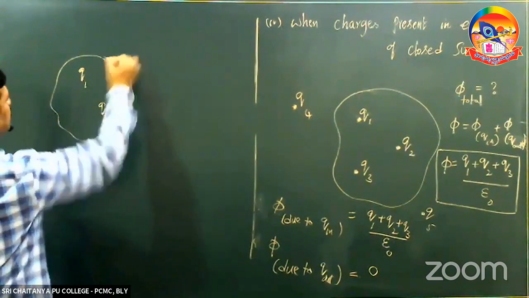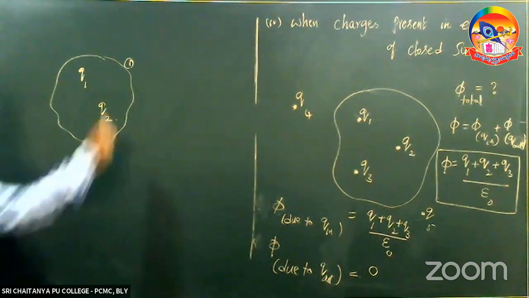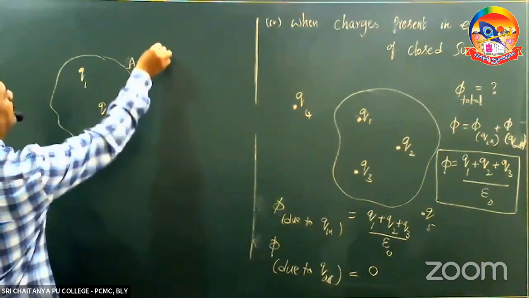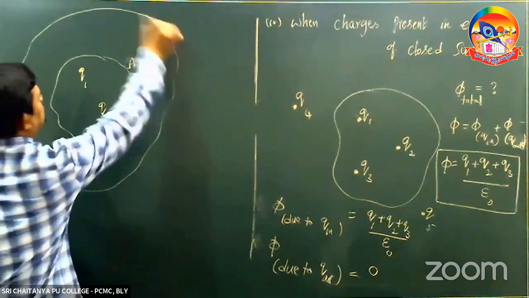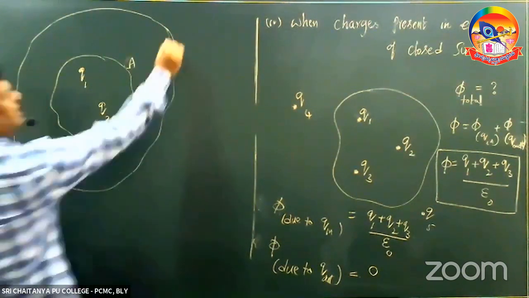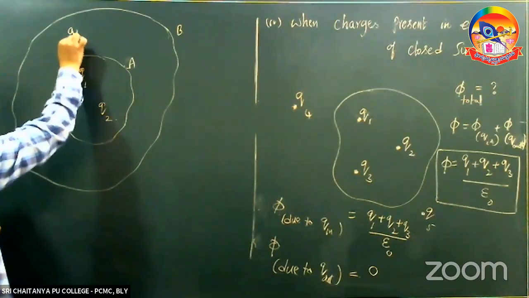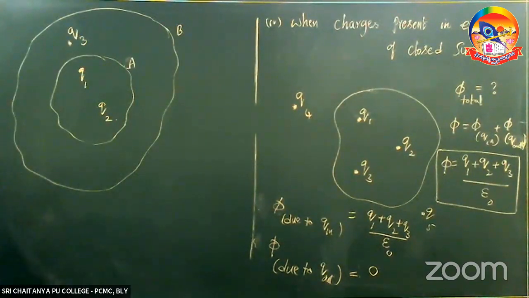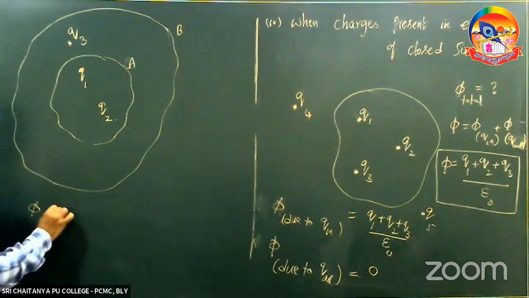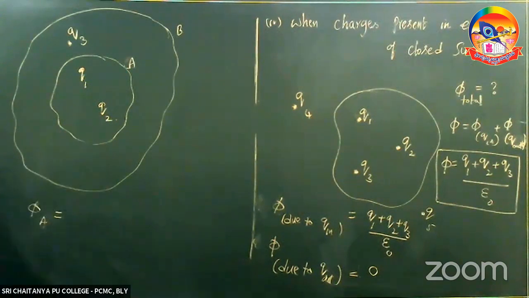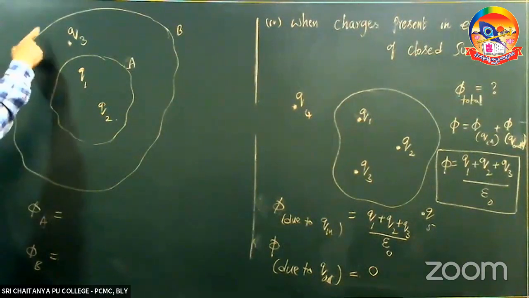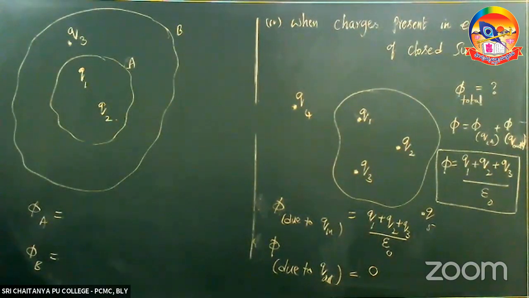I call this the first closed surface, closed surface 1 or closed surface A. This is another closed surface, B. Some charge Q3 is here. Now tell me, what is the flux linked with this closed surface A and the flux linked with this closed surface B?